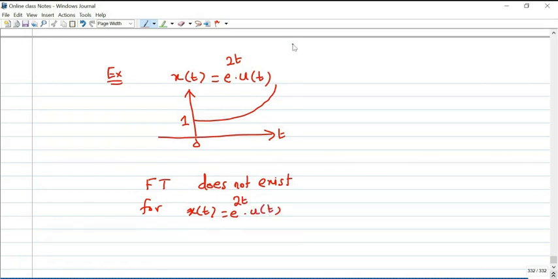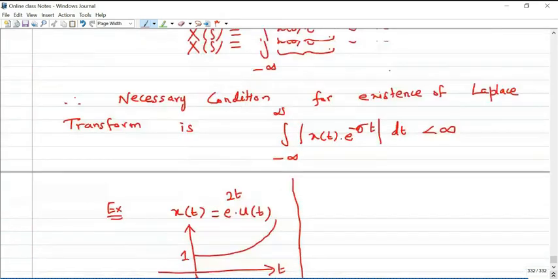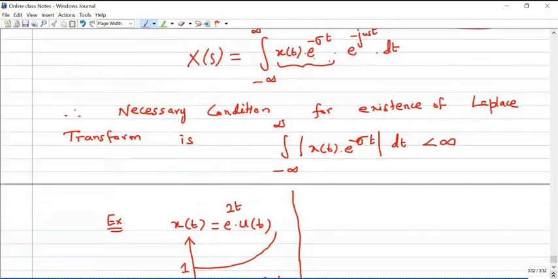But in Laplace transform, how are we finding the Laplace transform? X of t multiplied with e power minus sigma t. Then if we find the Fourier transform, that is equivalent to your Laplace transform.